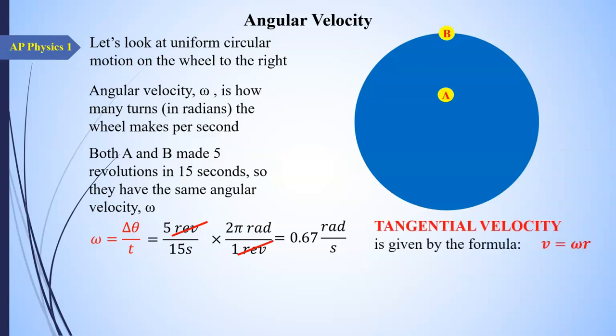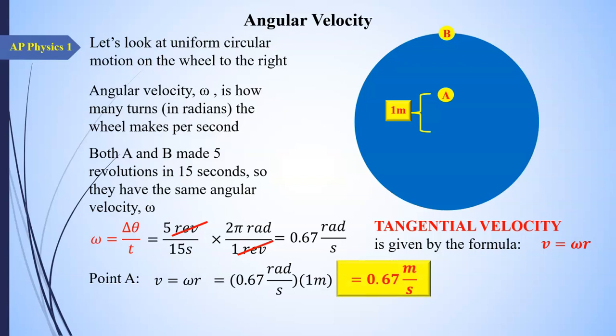Tangential velocity is given by the formula velocity, that's linear velocity, equals omega times the radius. So now the fact that B is farther away from the center of the circle makes a difference. So for point A, it's 1 meter from the center of the circle. So v equals omega r. So it's 0.67 radians per second times 1 meter, and that gives you 0.67 meters per second.